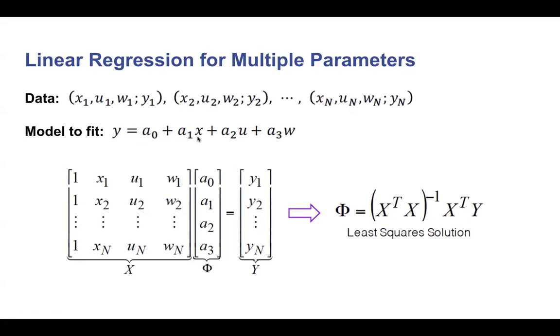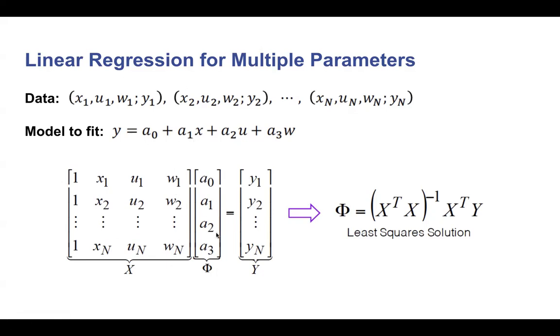The coefficient of A1 is x, so x1, x2, up to xn. The coefficient of A2 is u, so u1 to un will come here. The coefficient of A3 is w, and w goes from w1 to wn. So now you have made your X matrix.